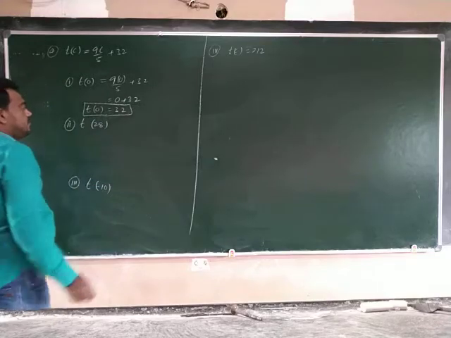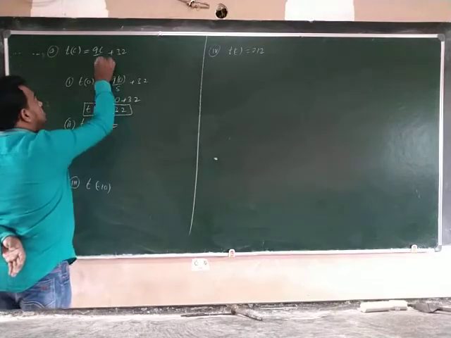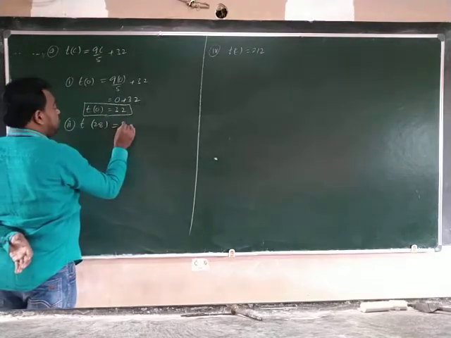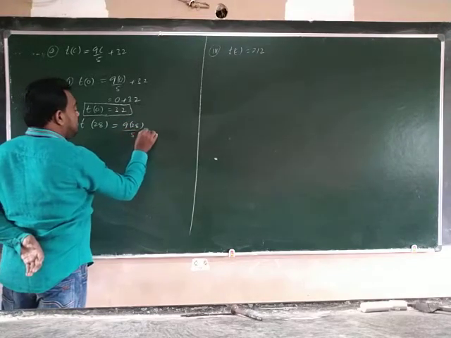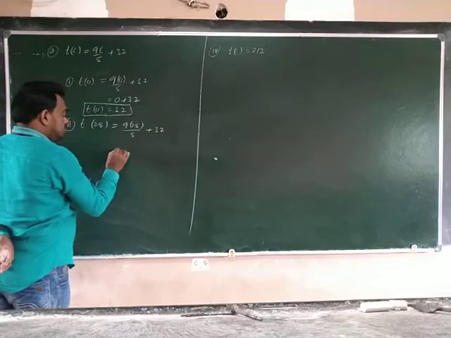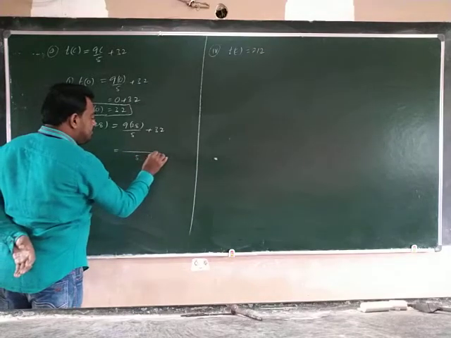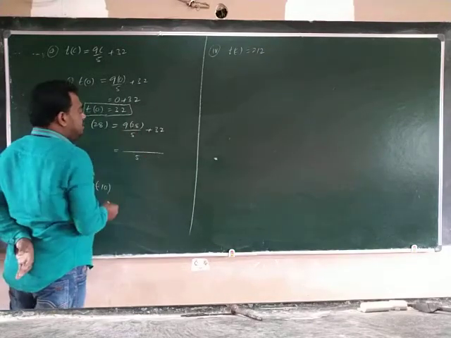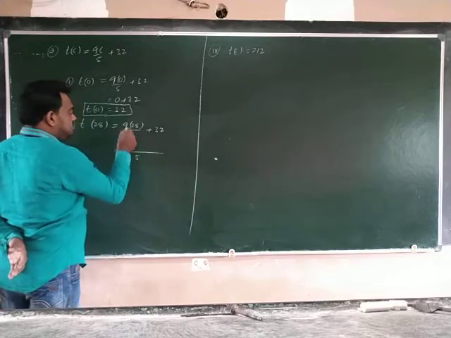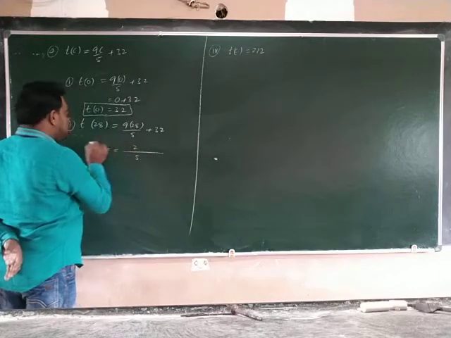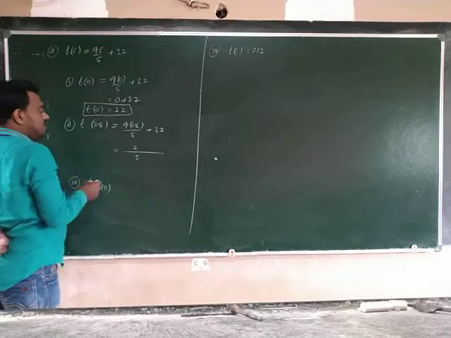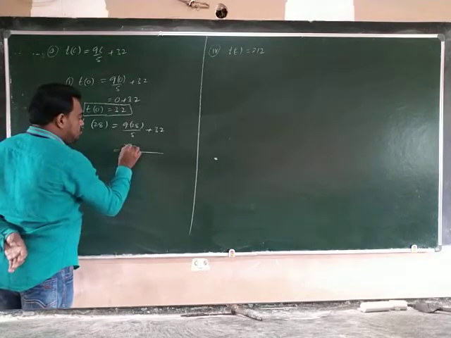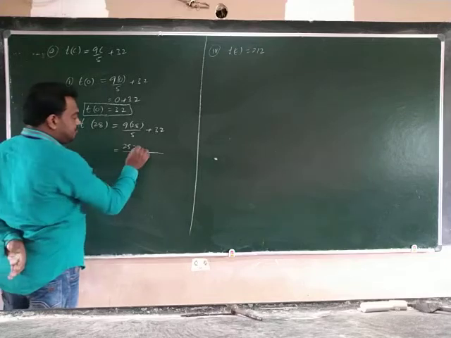Next, T of 28. In place of C you substitute 28: 9 into 28 by 5 plus 32. Here 5 is the LCM. 9 into 28: 8 nines are 72, 2 nines are 18, 18 plus 7 is 25, so 252.